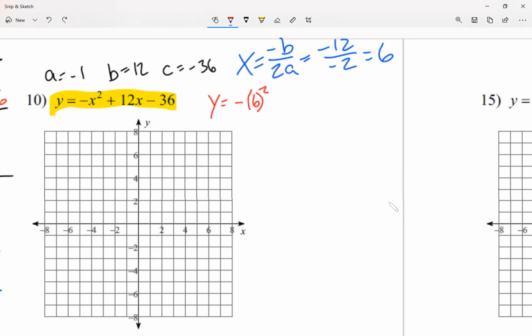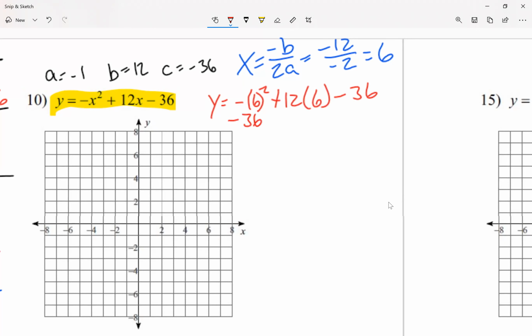Okay, so negative 6 squared plus 12 times 6 minus 36. That gives me negative 36.